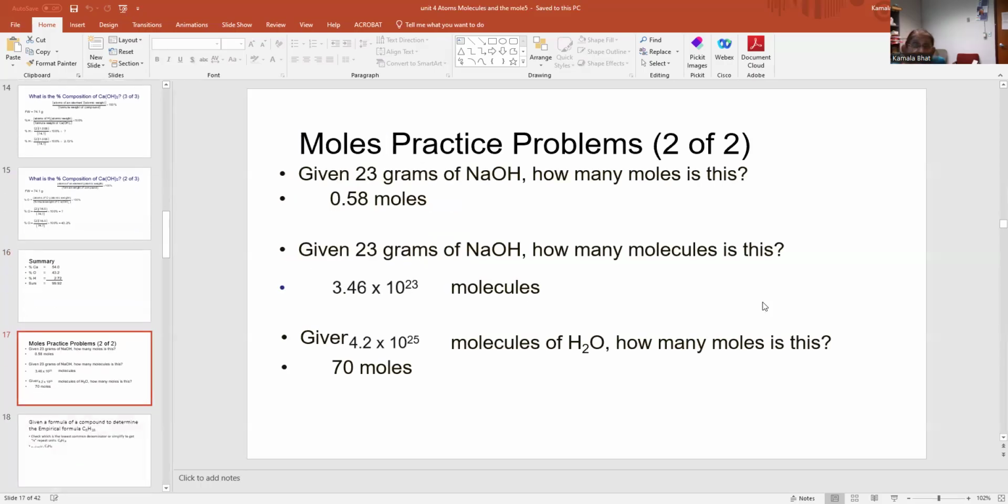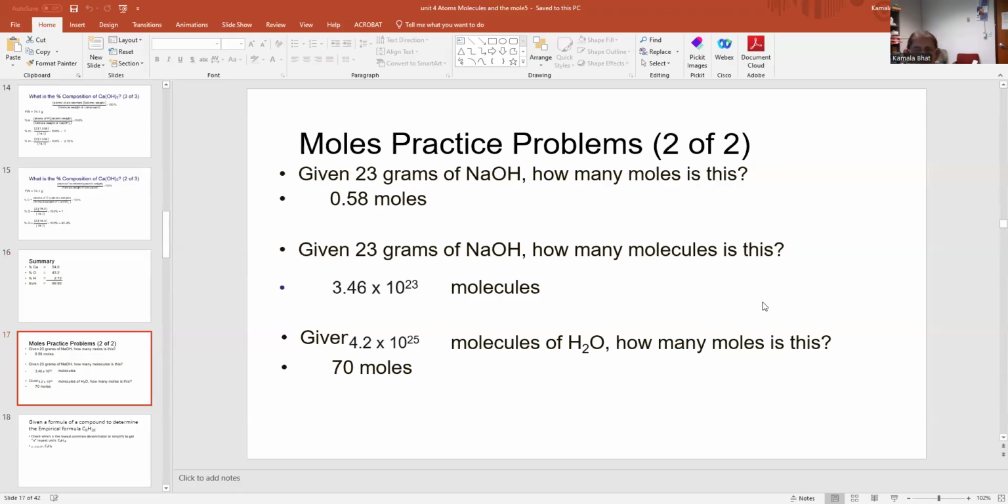Now, this is the practice problems, so try to do it by yourself. And there are different styles of calculation, so all that we have studied above is represented in this particular question. So you have to go from grams to moles. So grams of sodium hydroxide divided by its molar mass will give you moles.